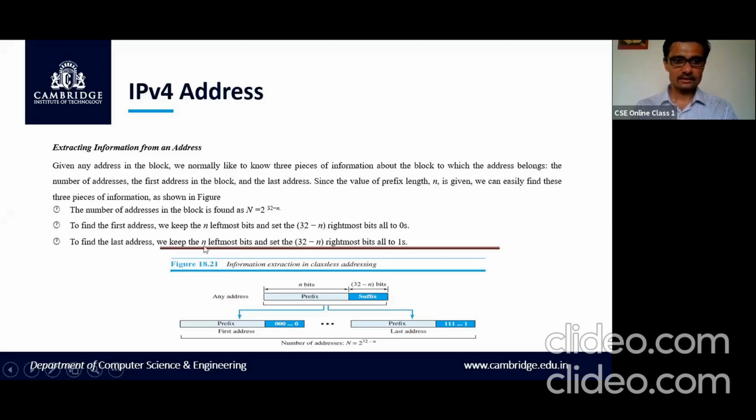Similarly, the last address: again retain the leftmost prefix bits, and the remaining suffix bits are made all ones. So you get the first address and last address, which you can see here in the diagram. The prefix is retained as it is, and the suffix is made 0 for the first address and 1 for the last. We have also worked out some examples in the last class.